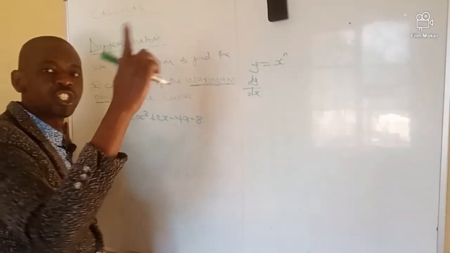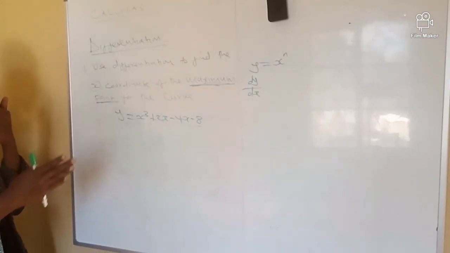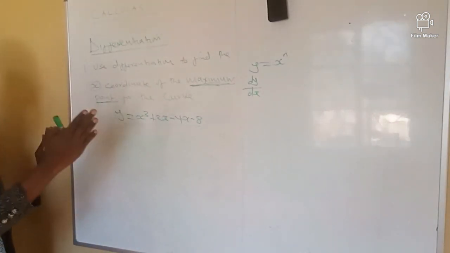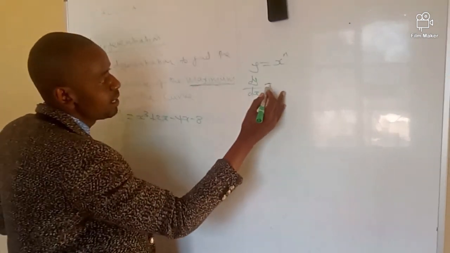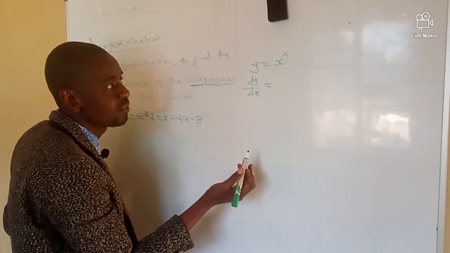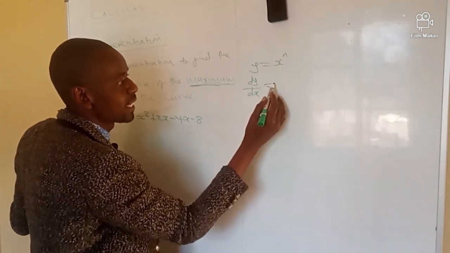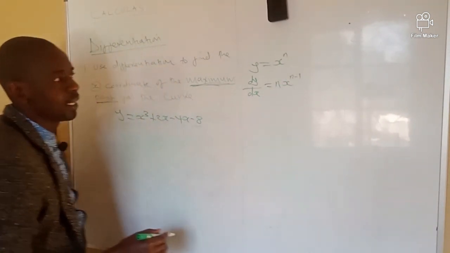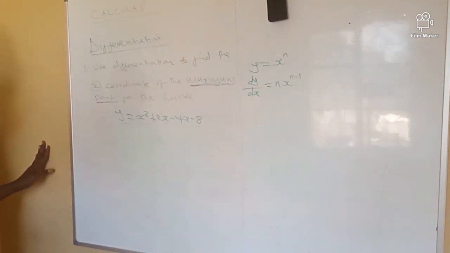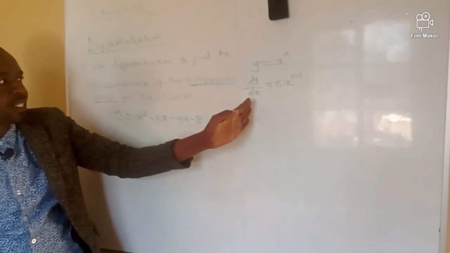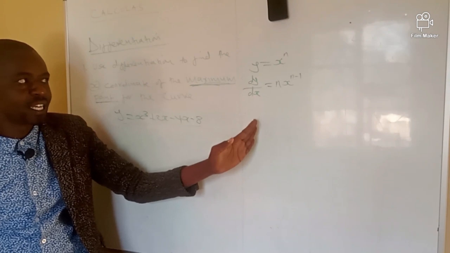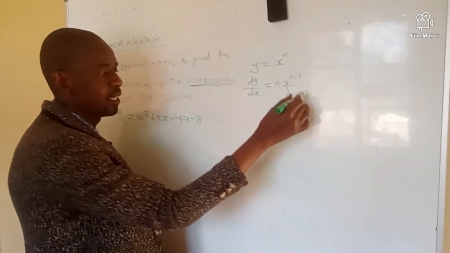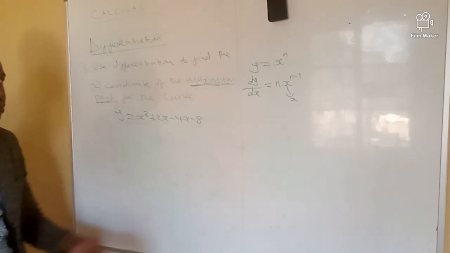Remember, gradient is equal to change in y over change in x, but here I'll be using dy over dx to mean that. Simply, this is how you differentiate to get the gradient function: you take n to the other side, then x, then that n you minus 1. That's how we differentiate so that you get the gradient function, dy over dx. So the gradient function will be in terms of x. That's why we call it the gradient function.